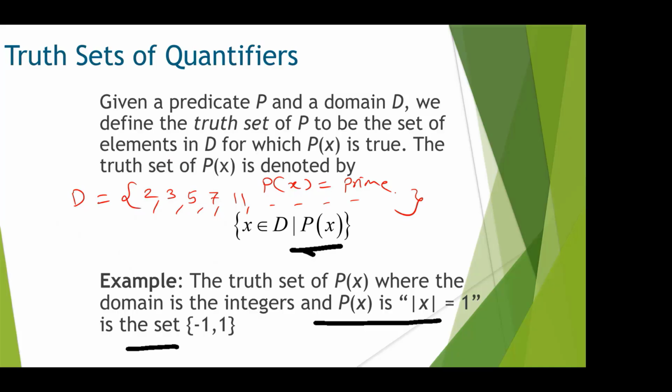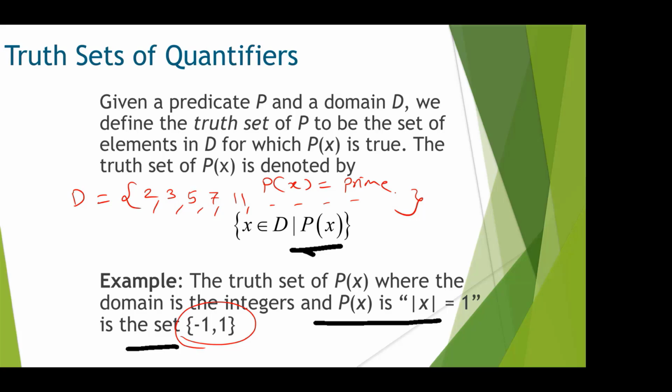Now here the given predicate is that the absolute value of x is 1. So what are the possible values when we say absolute value is 1? It means x can be either +1 or -1. Those are the only two values where the absolute value will be 1. So from that predicate we find the elements of the set, which are -1 and 1.